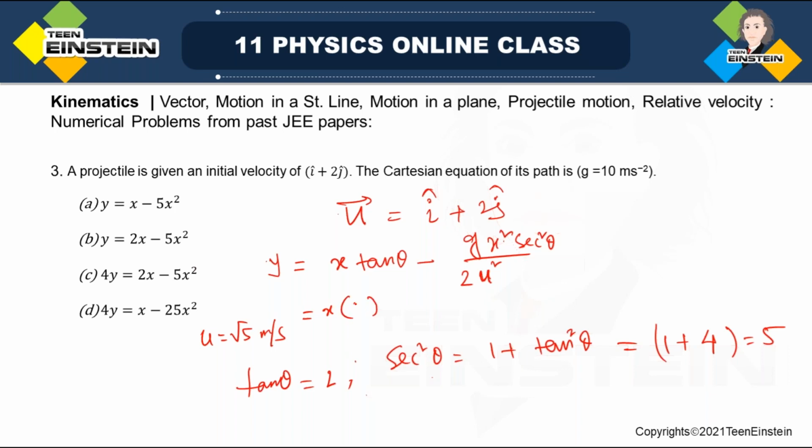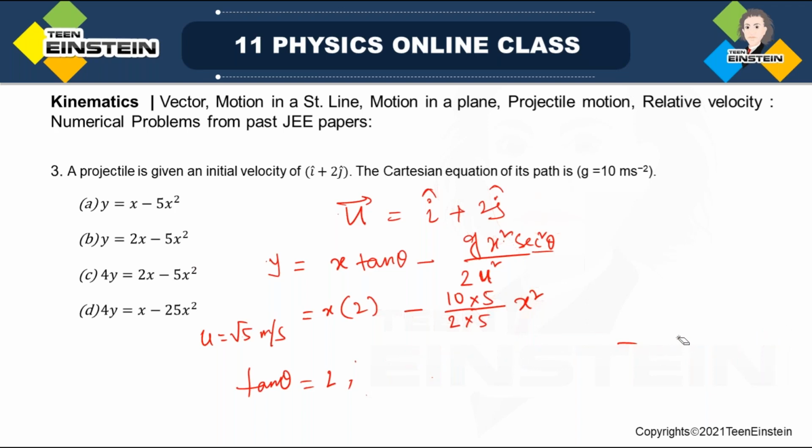So tan theta is 2, g means 10 meter per second square, 2 is anyway 2 this factor, and see, u square, u is root 5, square root of 5, then u square will be 5. Again, this sec square theta is again 5, and this is x square. Look then what we are getting.